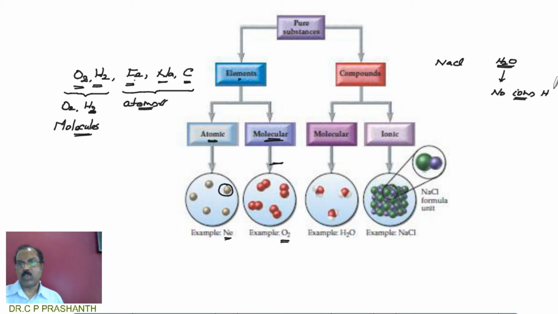It will not give you H plus ions and O 2 minus ions. So this comes under molecular compound. But sodium chloride, when you put it in water, gets easily converted to Na plus and Cl minus, or it is made up of ions. So we call it ionic compound.